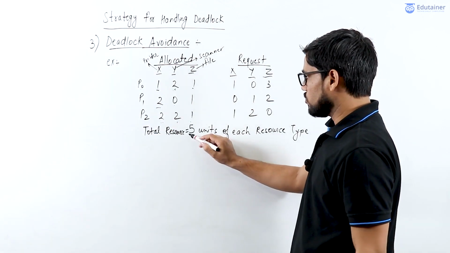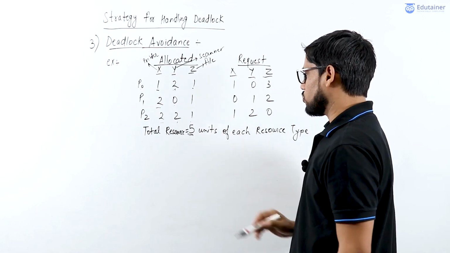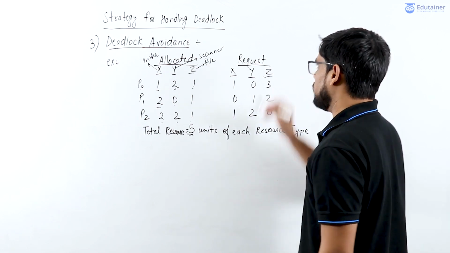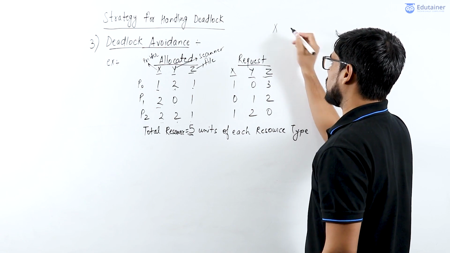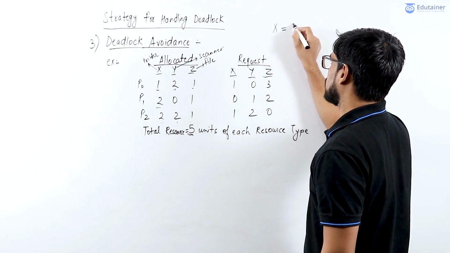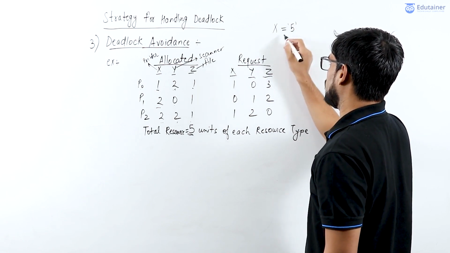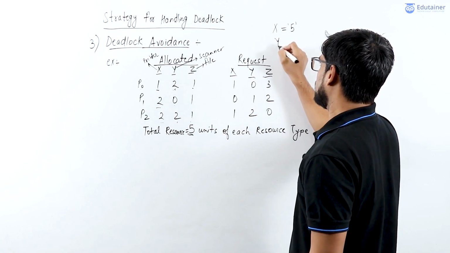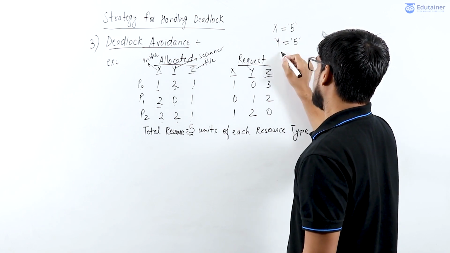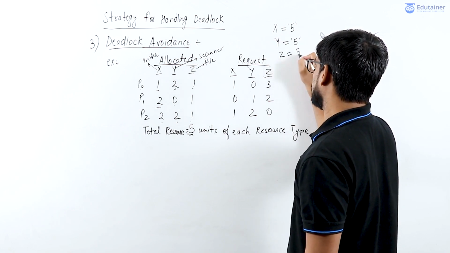And we are given that there are a total of 5 units of each resource type. It means that at the initial phase, X has 5 instances, Y has 5 instances, and similarly Z has 5 instances.